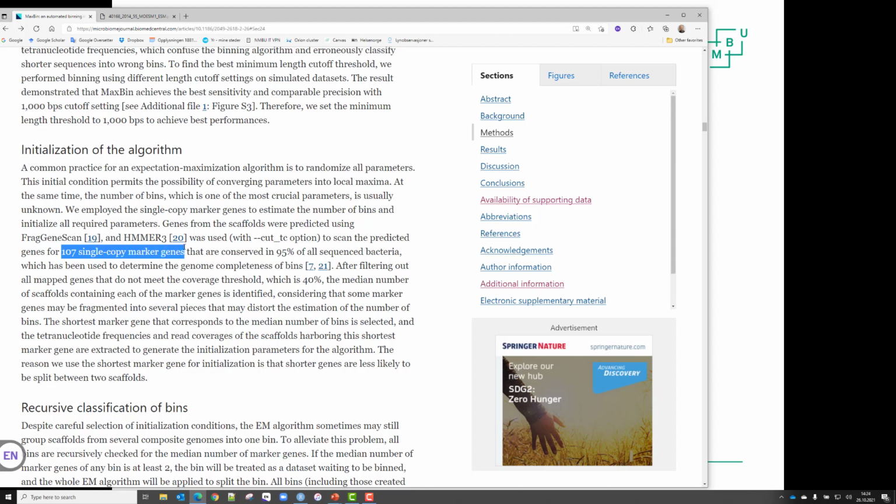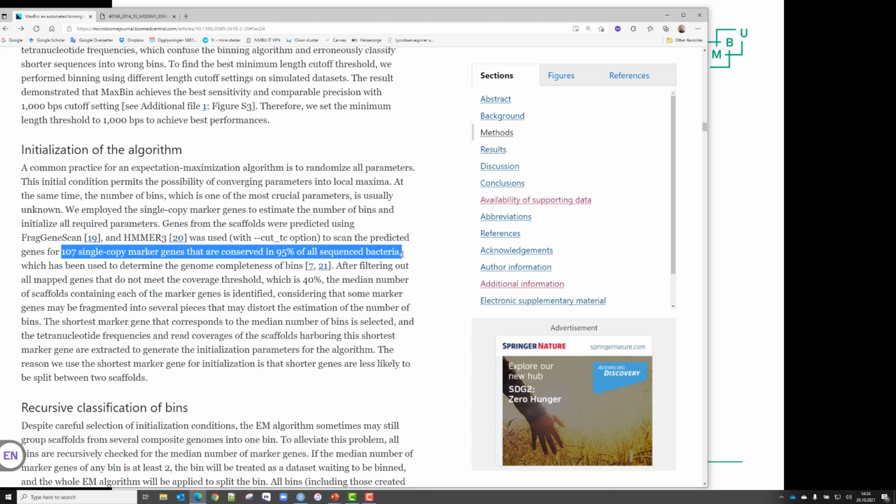And these are the important ones here, because the authors claim that these 107 genes are typically single copy genes in 95% of all sequenced bacteria. Meaning that if you find this gene in a bacterium, you always find it in one single copy only.